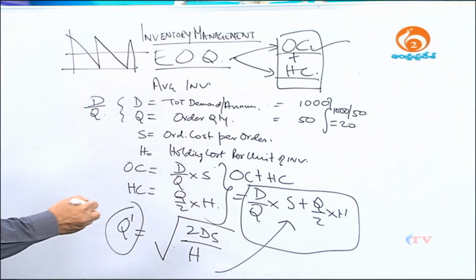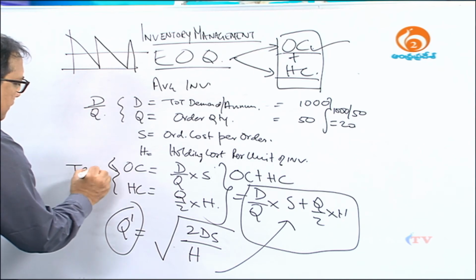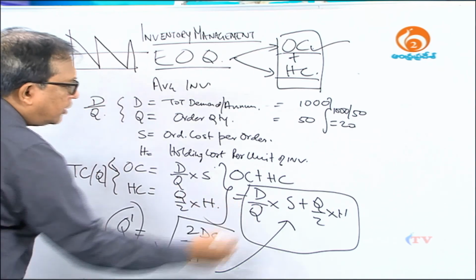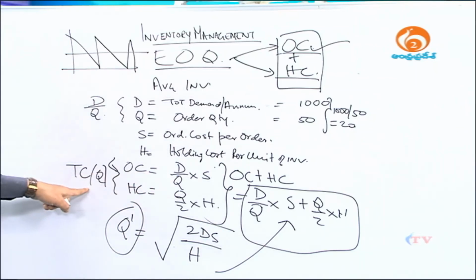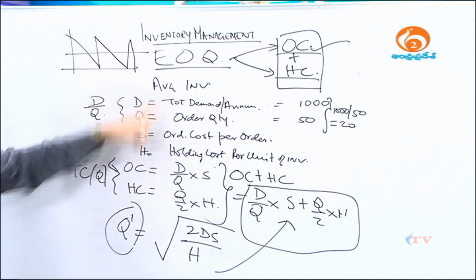So, this is the TC(Q), that means this is the total cost. When you differentiate this with respect to Q, you arrive at an optimum or the economic order quantity.